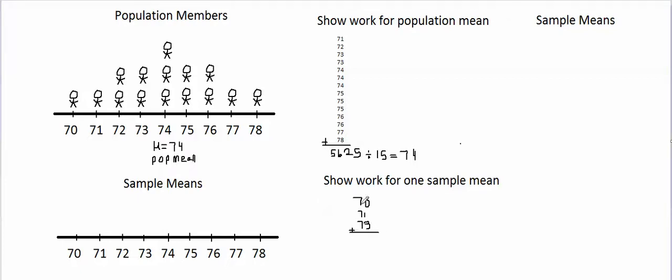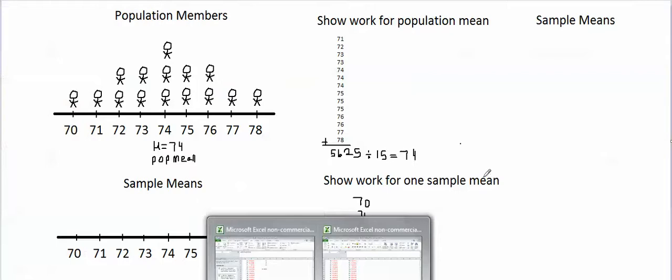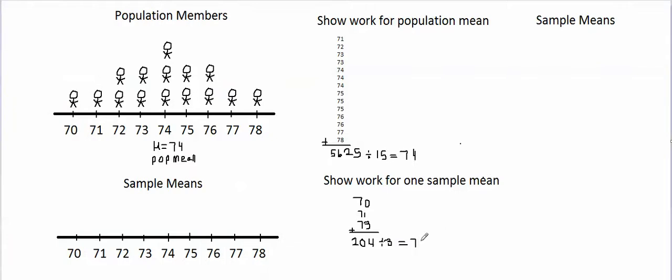I think they add up to 204, divided by 3 to get the sample mean, which came out to 71.33. Put that over here as your first sample mean.